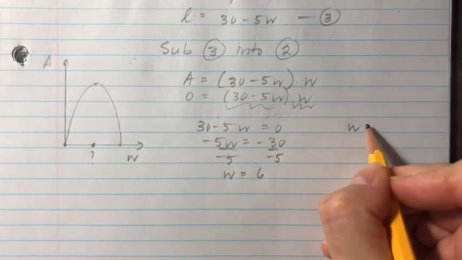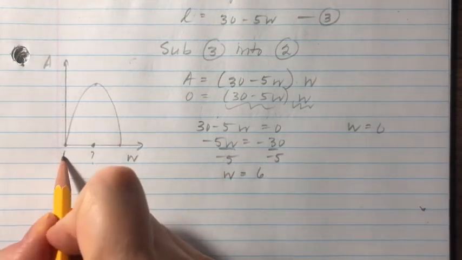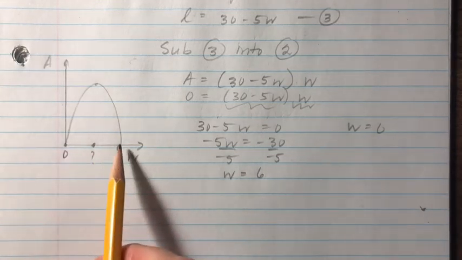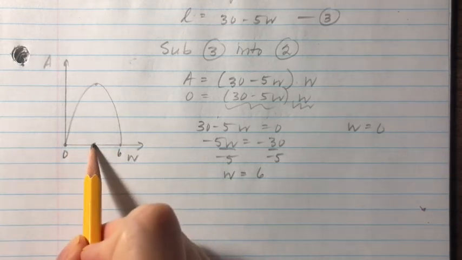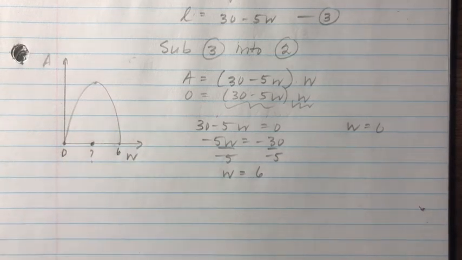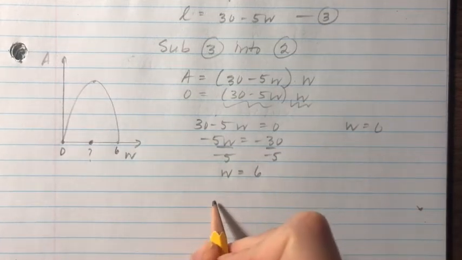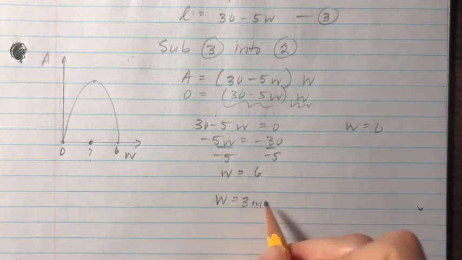And for the second factor, it just tells us that the width will be 0, giving us an area of 0. So here are the two widths that give us an area of 0, and they represent the x-intercepts or zeros. To find the x-coordinate of the vertex, we just have to take the average of these two numbers. So find a number that's halfway between 0 and 6. That number is going to be 3. So a width of 3 meters will maximize the area.